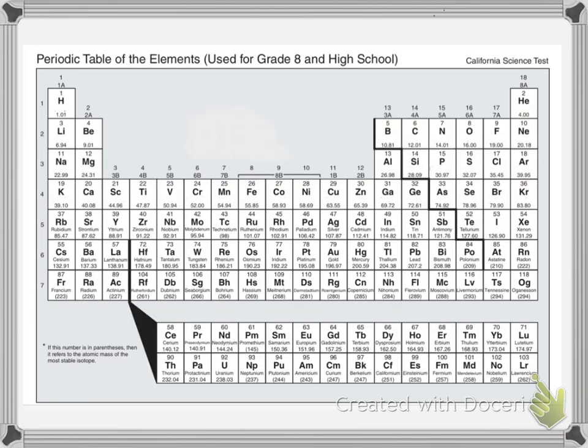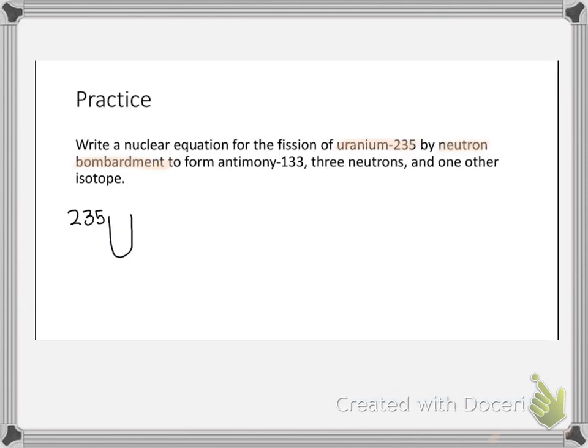Some of these in this chapter you might have to look around for a little because we're not used to using them, but uranium is way down here in the inner transition metals. It's element 92. So put the 92 here, and then it's being bombarded with neutrons. That's the first part.